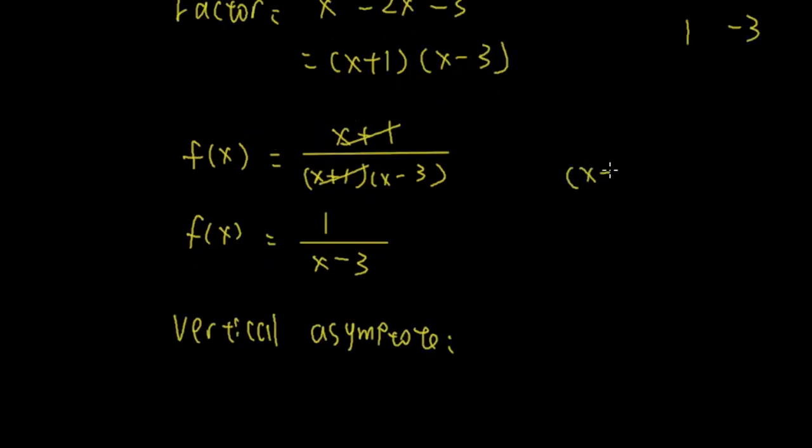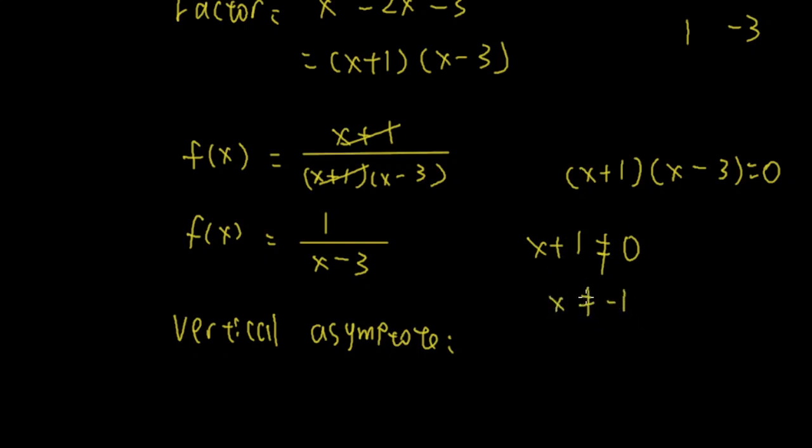In this case, it's x plus 1 times x minus 3 equal to 0. But x plus 1 cannot be equal to 0, so that means x cannot be equal to -1.